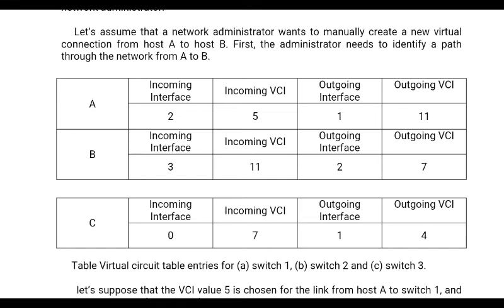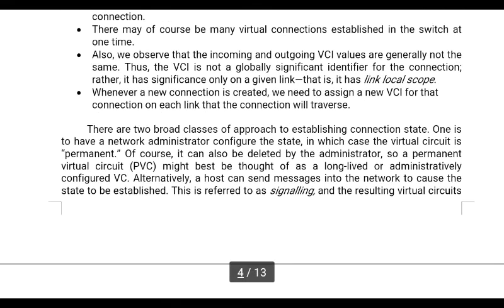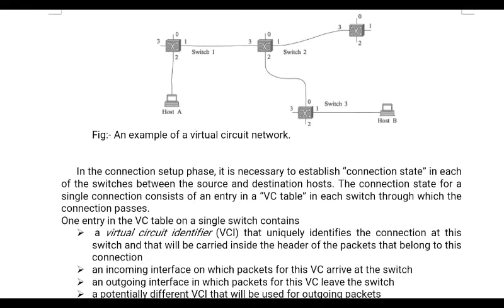And while transmitting that packet, the outgoing VCI is what should be present: the switch is going to put the outgoing VCI in the packet header. So these are all the pieces of information present in the entry for each connection in the table called the virtual circuit table. Now, if you look at this particular diagram, is it clear?